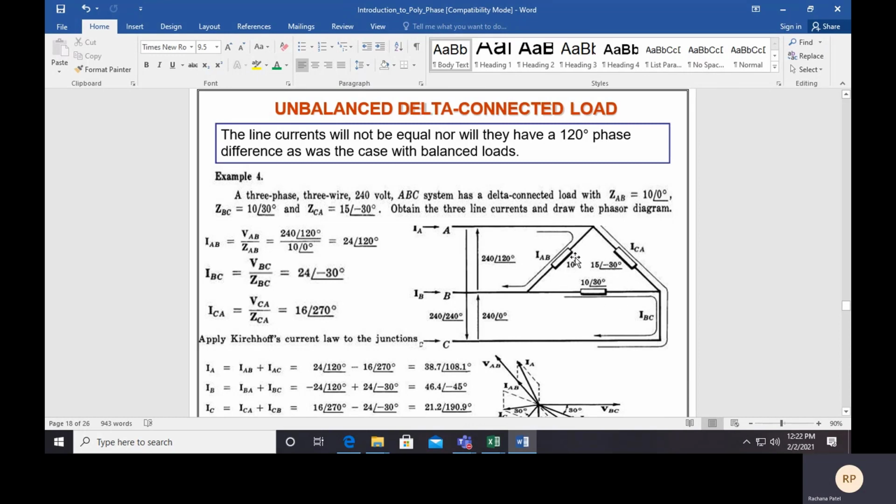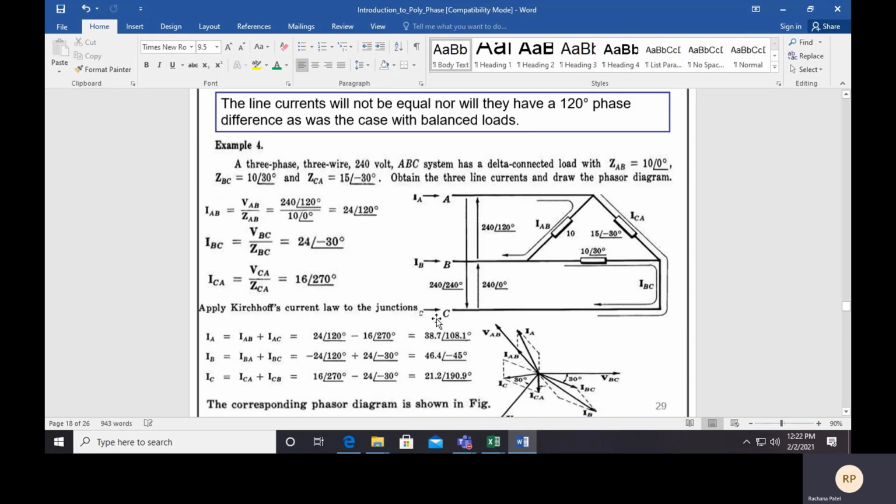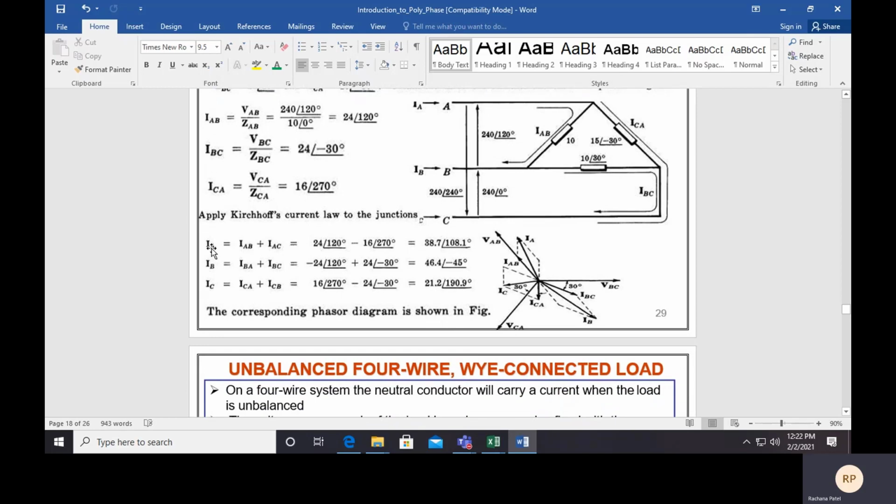It is very easy to say that all the impedance magnitudes are not the same or equal. It means it is unbalanced. And with the unbalance, obviously the current available on the load side will also not be balanced. The same thing is given here by means of mathematical calculation.